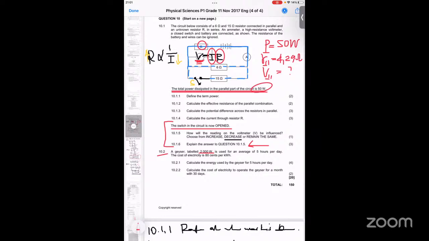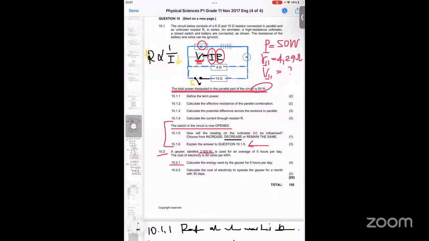Now they want you to calculate the energy used by the geyser for 5 hours per day.